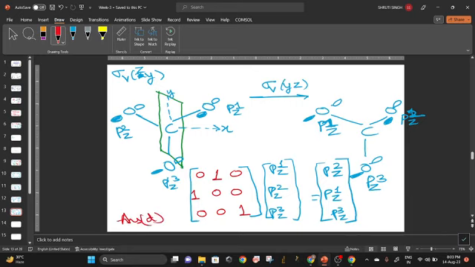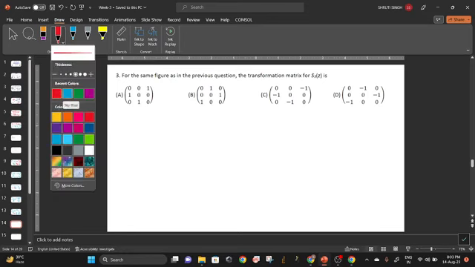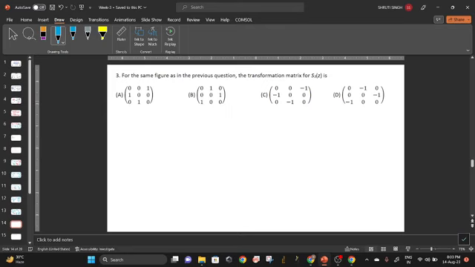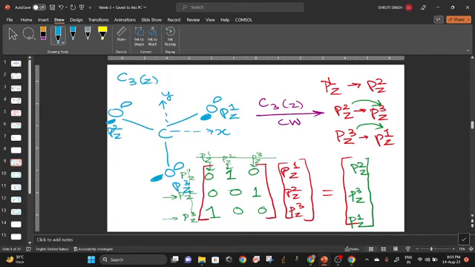Okay. Now, next one. For the same figure as in the previous question, the transformation matrix for S3Z is asked. S3Z is C3 plus sigma xy, that is the molecular plane. We have seen the result after C3.